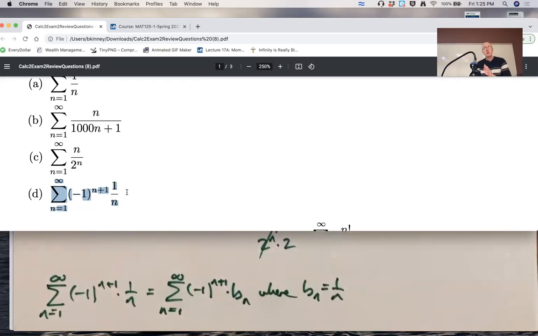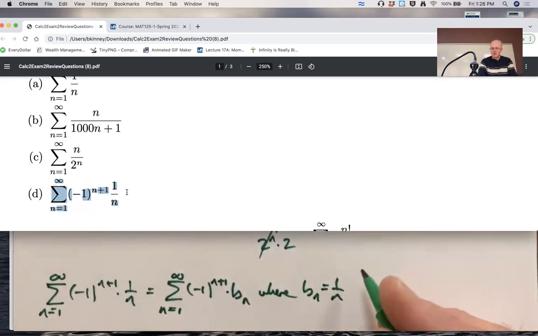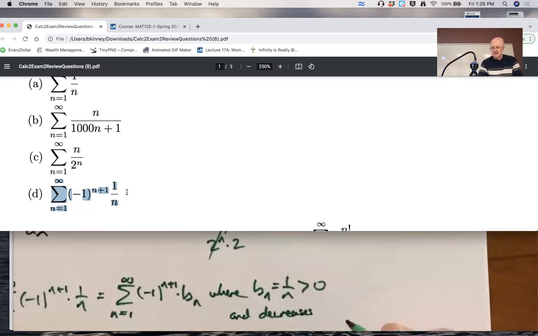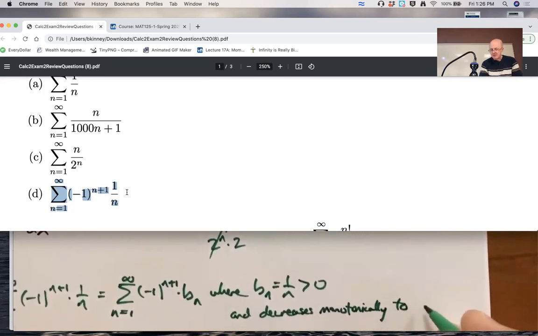The b_n's are not the terms. It's the (-1)^(n+1) times the b_n's that are the terms. But if those are your terms and you identify the b_n based on that, which is always positive and decreases, technically speaking, monotonically to 0.